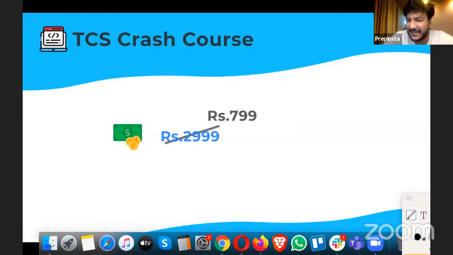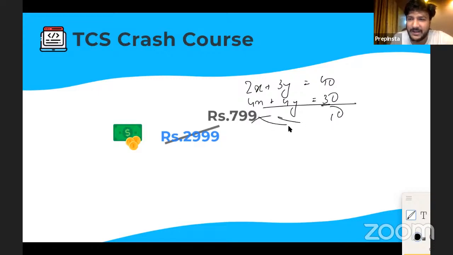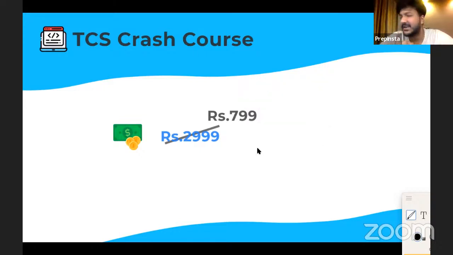Okay, the color of the pen is white with a cross. For example, 2x plus 3y is equal to 40. 4x plus 4y is equal to 30. 10, and so on. Right, under root 2. So solve like this, please, in the exam.